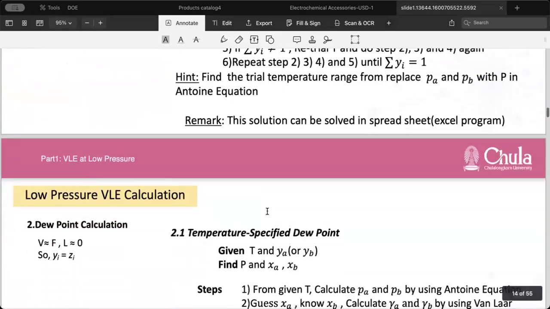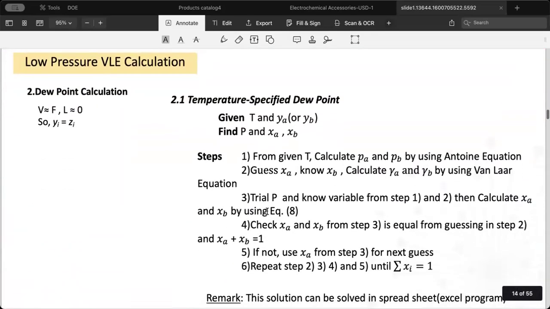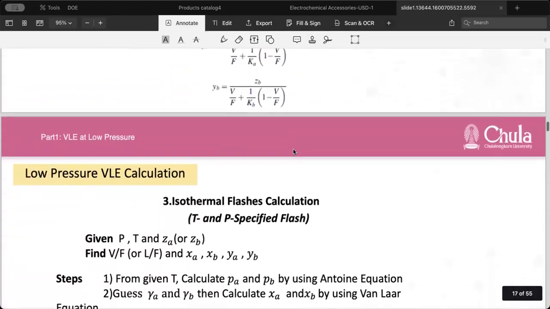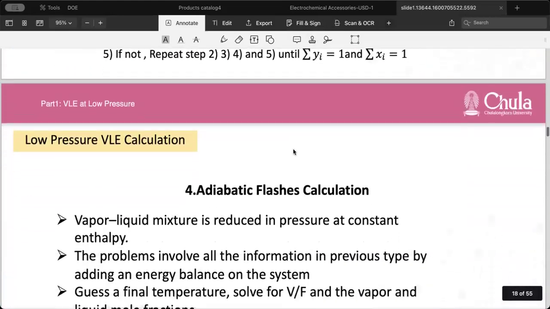And we also have dew point calculation, where you start from vapor phase, and then you're given either temperature or pressure.